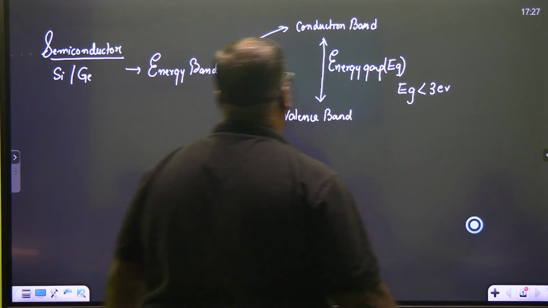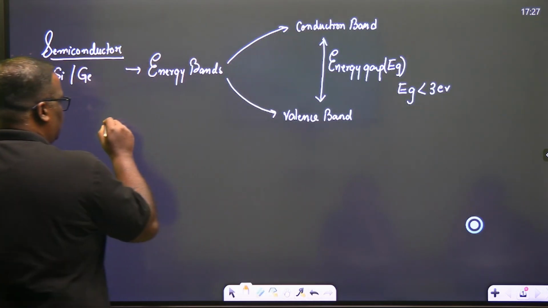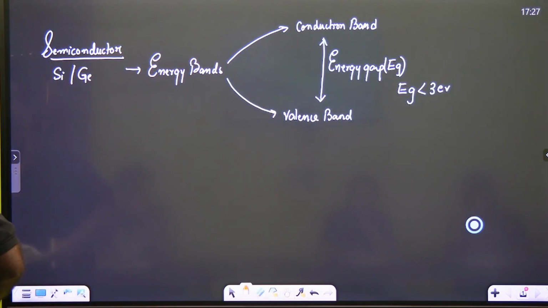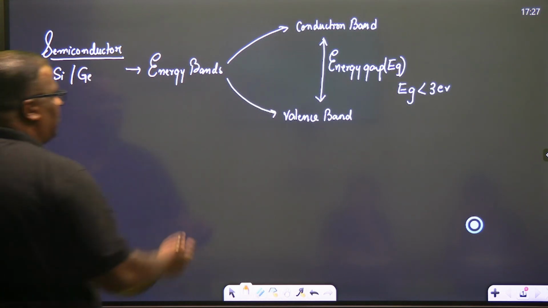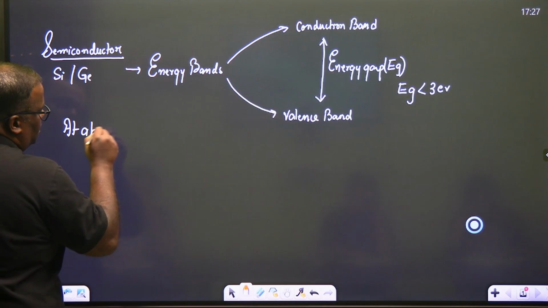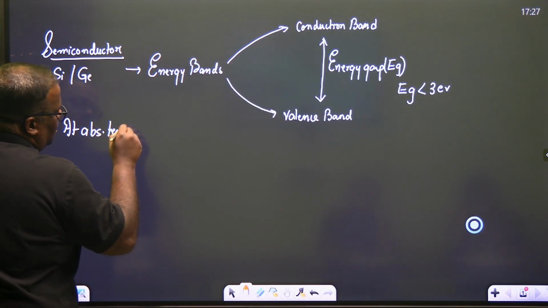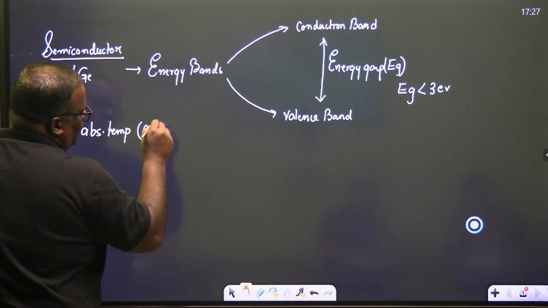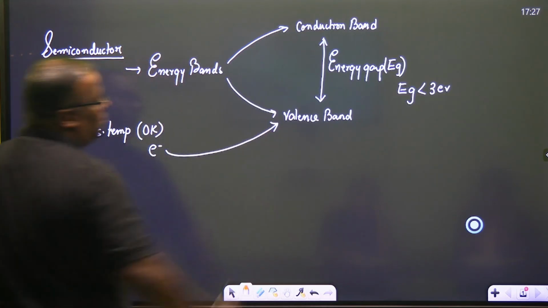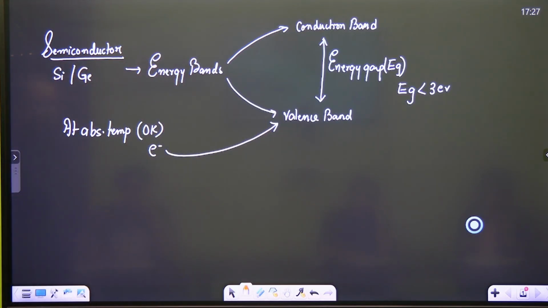Okay, now if we look at an electron, and temperature, at absolute temperature, that is 0 Kelvin, electrons will only be in the valence band. Is this also clear? Okay.